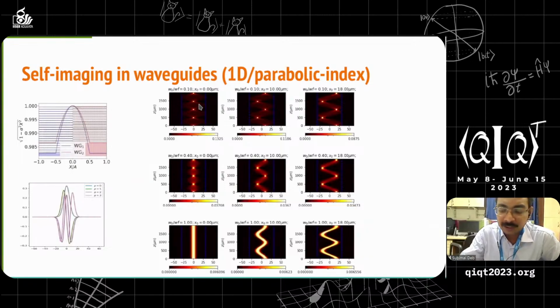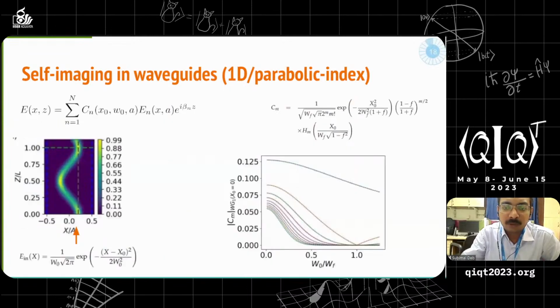X0 is 0 in all of these three. And how do the coefficients change as you change the width of the waveguide? As you keep on increasing the beam width from 0 to a higher value, you see that the higher order modes fall in their contribution, and all of them go off when you have a beam width which equals the width of the fundamental mode, and that is something that is expected.